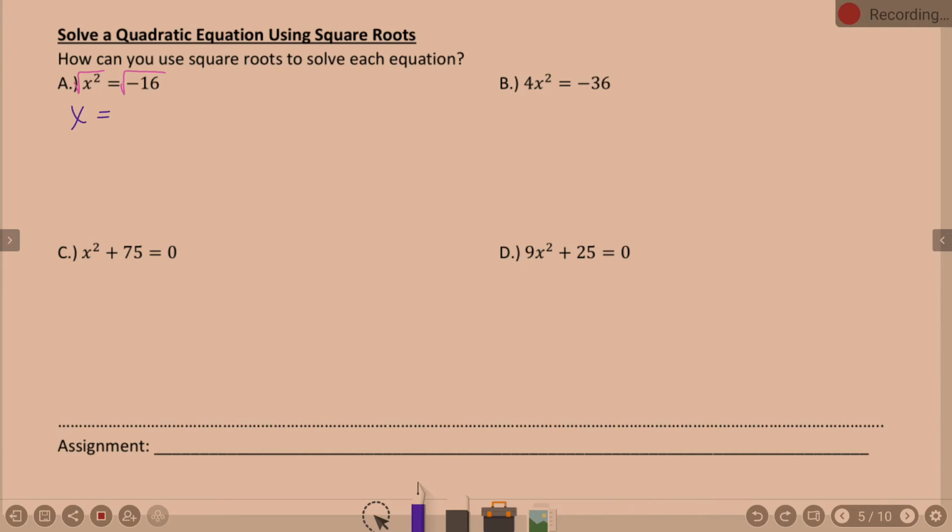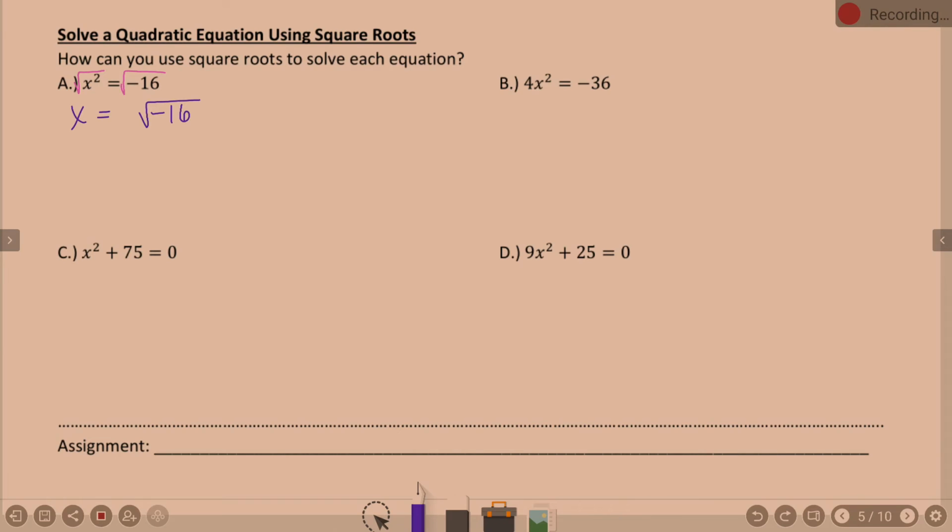Now, we're taking the square root of negative 16, yes? I'm going to leave that under the radical for a moment. We're going to talk about what that becomes. But what do we have to remember when we take a square root in an equation setting? When you take a square root in an equation setting, what do we have to put in front of that radical?